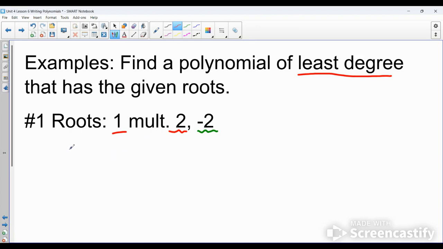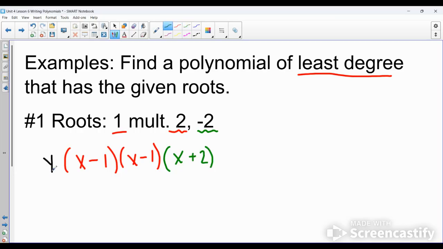So the root of 1 translates to x minus 1. And since it's multiplicity 2, it means we have 2 of them. And then we have our third root, which is negative 2. Negative 2 translates to x minus a negative 2, which is plus 2.